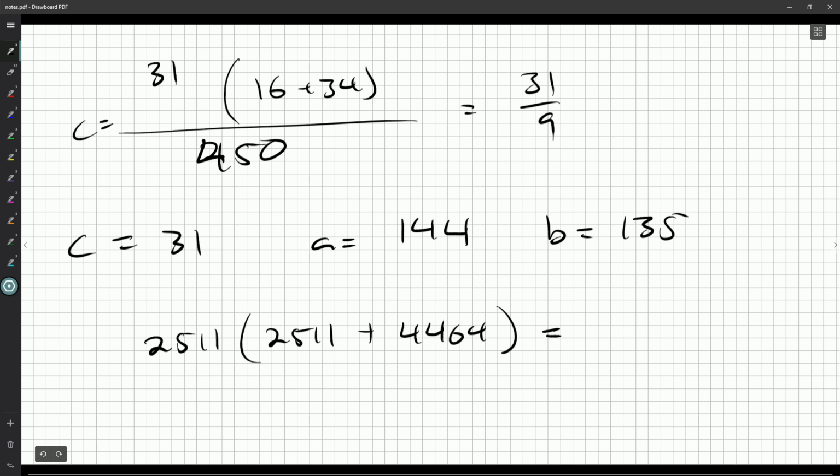And then 135 times 31 is 4185 squared. All right, so 4185 squared divided by 2511 is 6975. Subtract 2511. And wouldn't you know it, there it is.